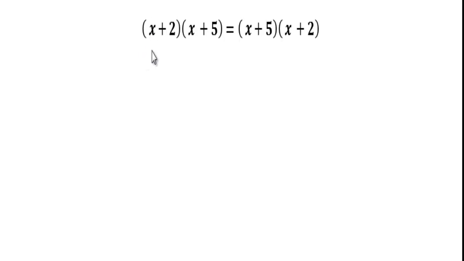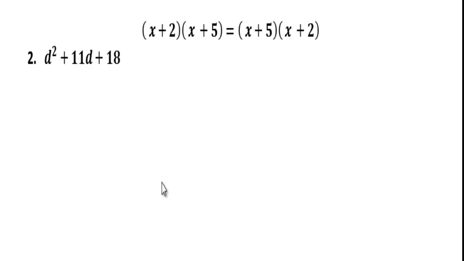You can now see that open bracket x plus 2 close bracket, open bracket x plus 5 close bracket, is still the same thing as open bracket x plus 5 close bracket, open bracket x plus 2 close bracket. Are you getting it? So when you multiply and expand this expression, you're going to get the same answer.